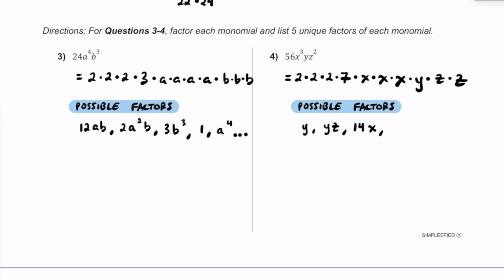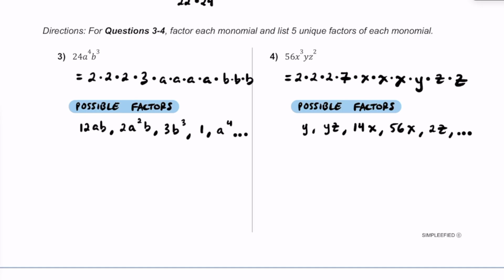You could also say something like 56 x. Again, you can use the entire whole number there, or that coefficient, and just one of the letters, any combination here. And one more, I guess I'm a little indecisive here. I'll just say something like 2z, right? But that's perfectly fine. Those are just 5 examples of some things that go into this monomial if you were to multiply.